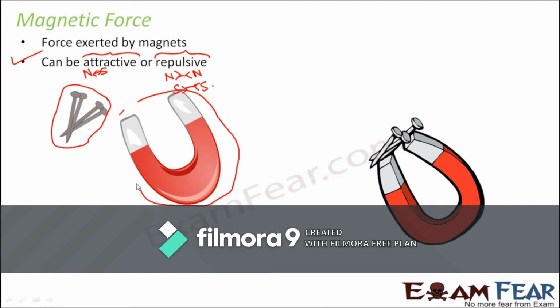Do you think that the magnet and the nails were in contact with each other? There is absolutely no contact between them. But still the nails were feeling an attraction towards the magnet due to the presence of an attractive force. So this force existed even when the objects were not in contact with each other. Therefore, magnetic force is a non-contact force.